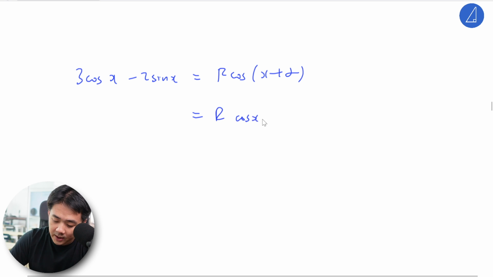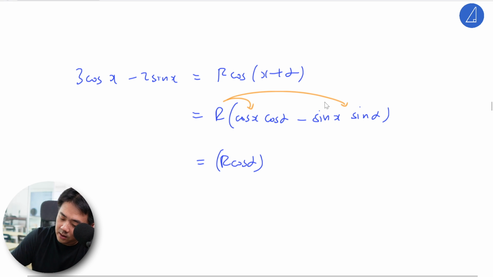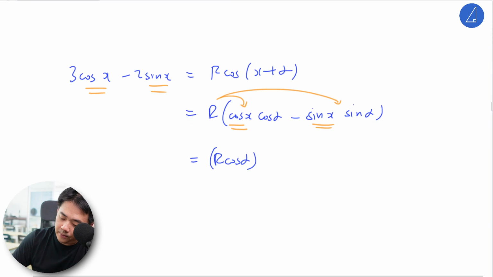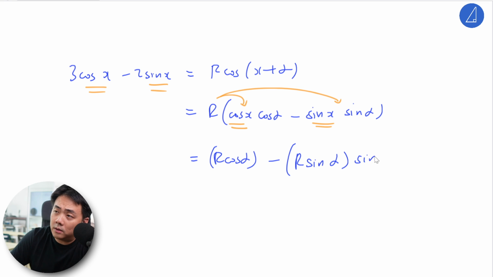You just expand with the addition formula: cos x cos alpha, minus sin x sin alpha. Then you can just take R cos alpha in a bracket. When I expand this, the variable I just keep as it is. So this will be negative R sin alpha, then sin x.